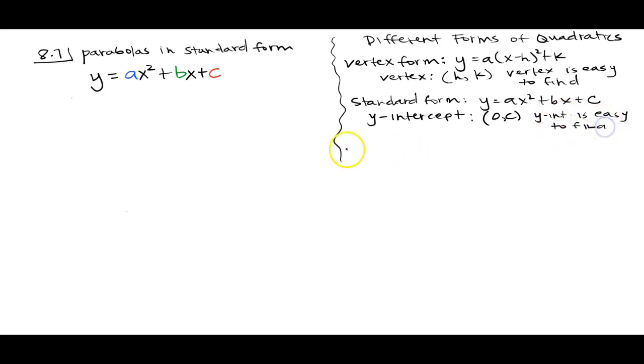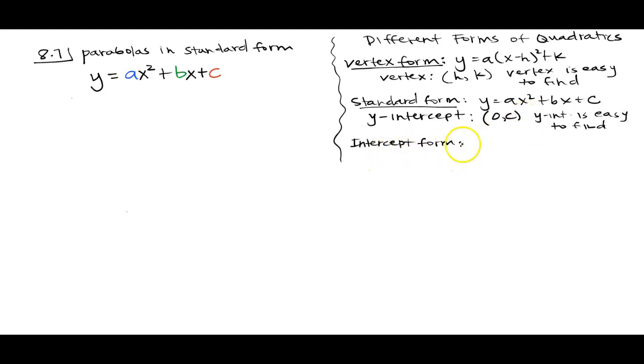There's one other form that you talked about back when we did factoring, called intercept form. Sometimes we called it factored form. If we took something in this form, factored it, set it equal to 0 and solved it, do you remember doing that?